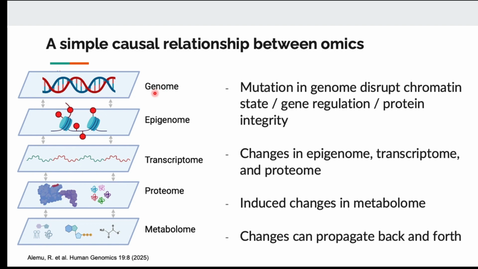But in order to understand how a change in the genome, a mutation, disrupts the 3D organization of the chromosome, how a mutation might disrupt gene regulation, how a mutation might change the protein integrity, the function or the structure, we need to compare genomics data with other layers of information.